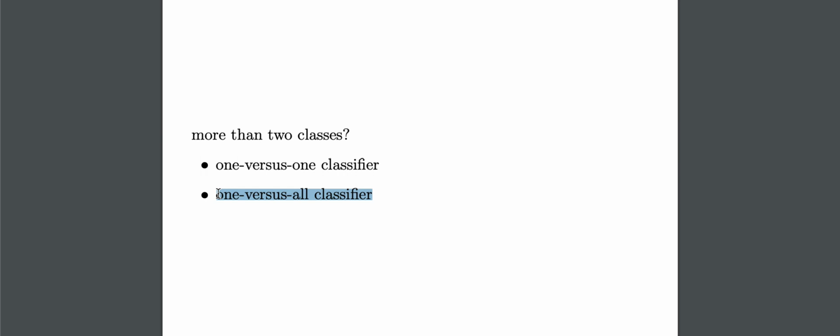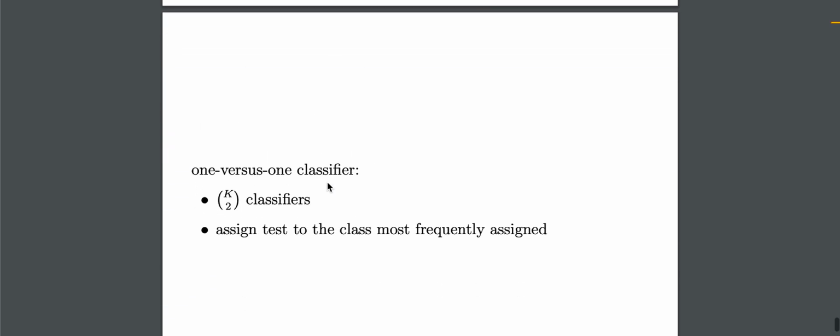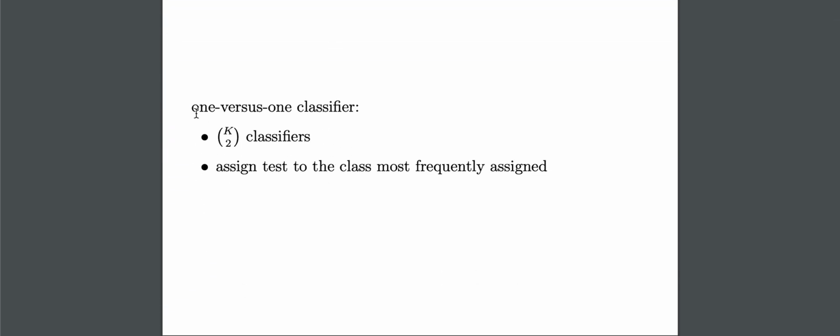So if we have a test observation, we assign the observation to the class for which the distance from the hyperplane is largest. This amounts to a high level of confidence that the test observation belongs to the kth class rather than any other class. So with the one versus one classifier, we have k choose two classifiers, and we assign the test observation to the class most frequently assigned, right?